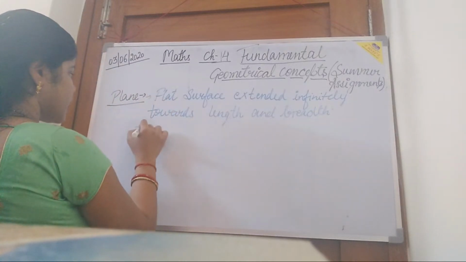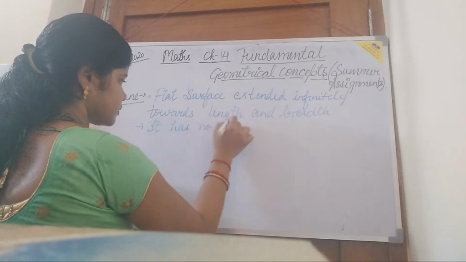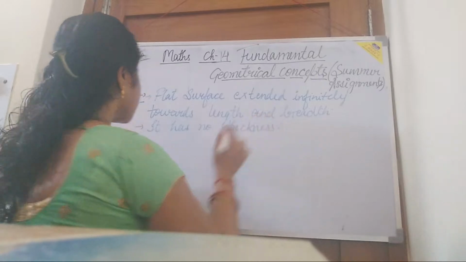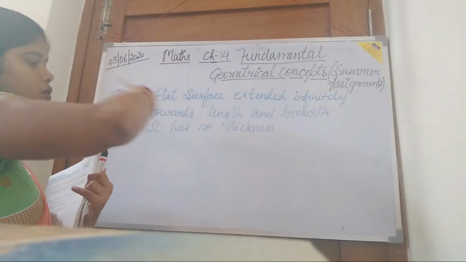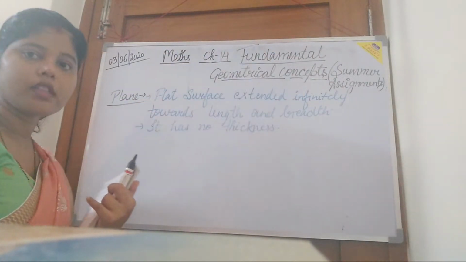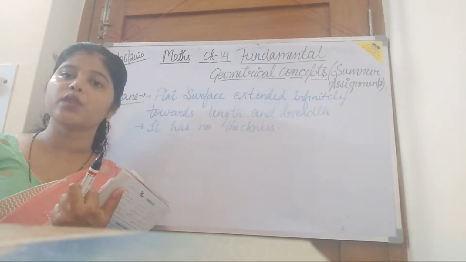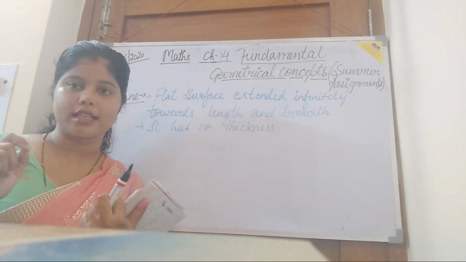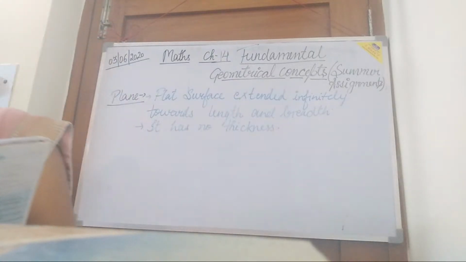This is first, and it has no thickness. So what is a plane? A flat surface extended indefinitely towards length and breadth. It means the flat surface has no thickness or no height.